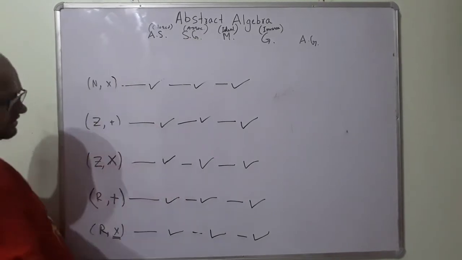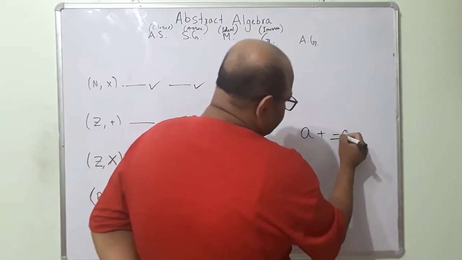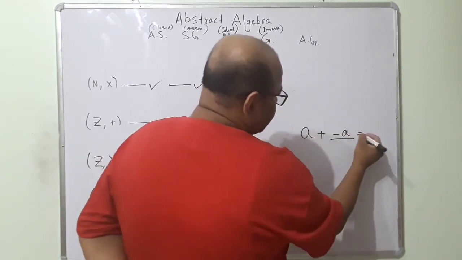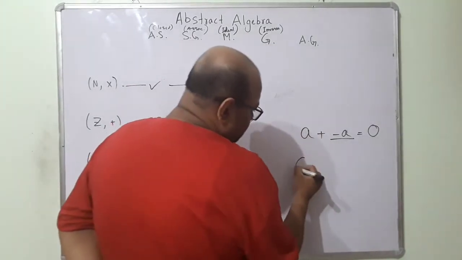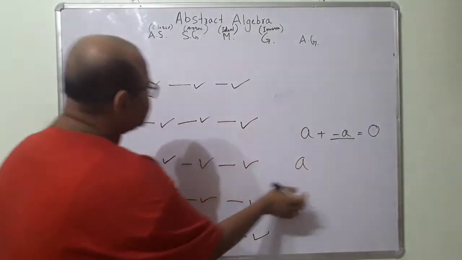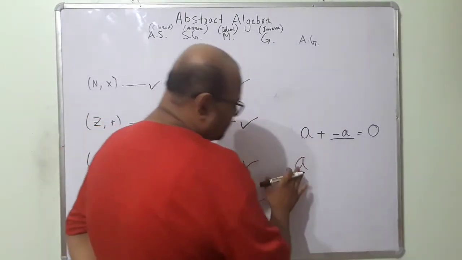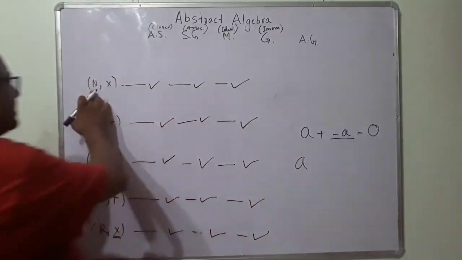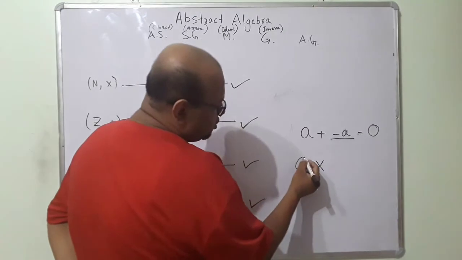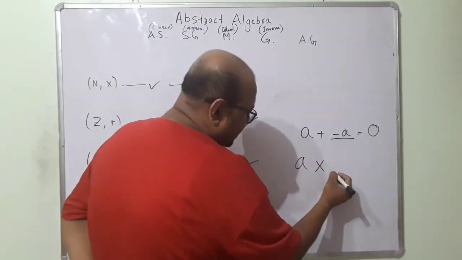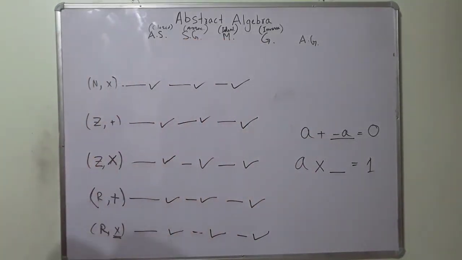So what is an inverse? In the case of addition, a minus a gives me the identity. What is the additive identity? It is 0. In the case of multiplication, the operation I am interested in here is multiplication, and my element comes from the set of natural numbers. So what is it that when I multiply with a, I will get back my multiplicative identity?